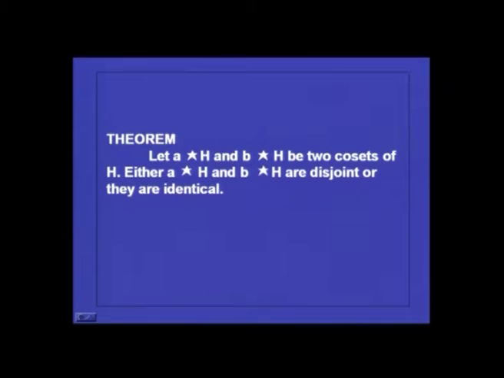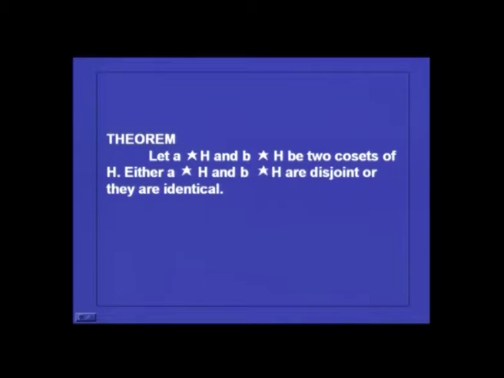Immediately we get one small result. Let a star H and b star H be two left cosets of H with respect to two elements a and b. Then either a star H and b star H are disjoint or they are identical. Now, first of all, what is H, what is a, what is b, that we have to specify.